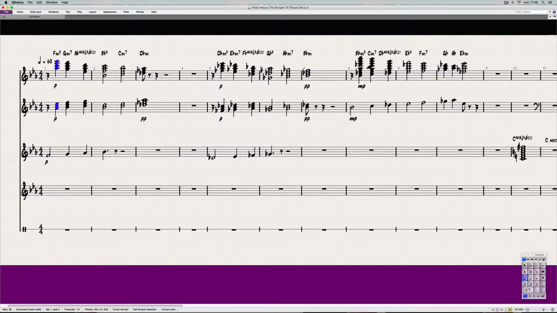So you can see here chord A flat major 7, and that's true, but if you add this note F, you get an F minor ninth.